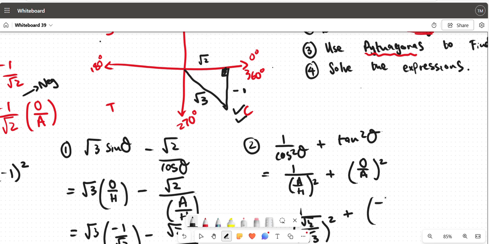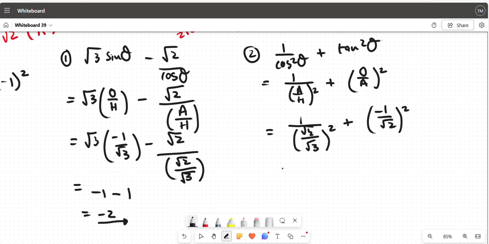The opposite is a negative 1. The adjacent is a root 2. And I'm squaring that. You can plug that whole thing in your calculator, and with this one you should be getting a positive 2 as your final answer.